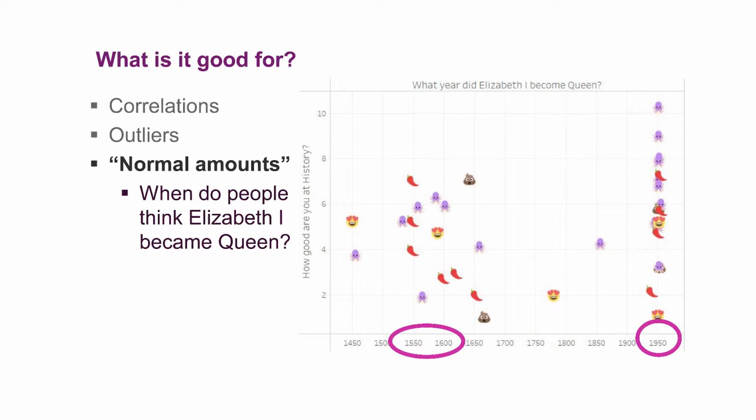Third thing it's good for is sort of normal amounts of things. Go, oh, what's a normal amount? When you put something on a graph like this, you can see clusters. Now, I asked, when did Elizabeth I become queen? And I asked, how good do you think you are at history? And I thought there might be a correlation between people thinking they're good at history and getting the date right.